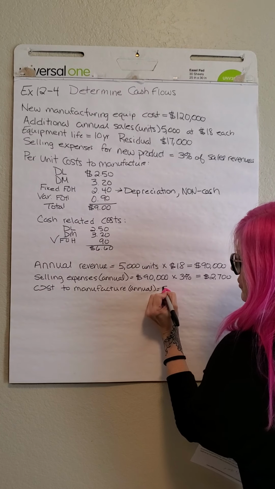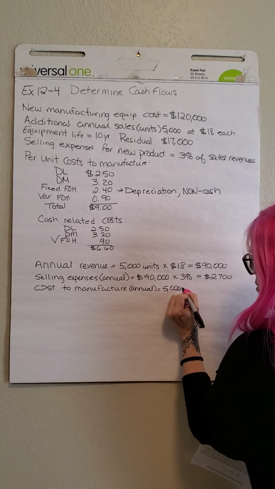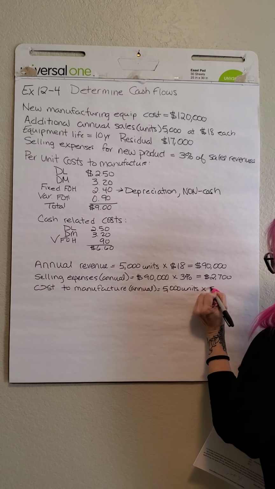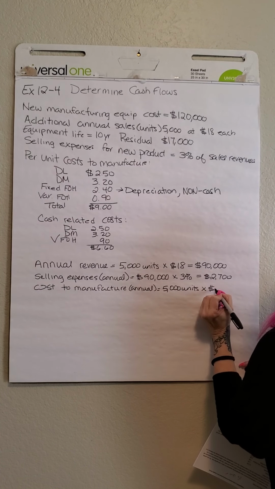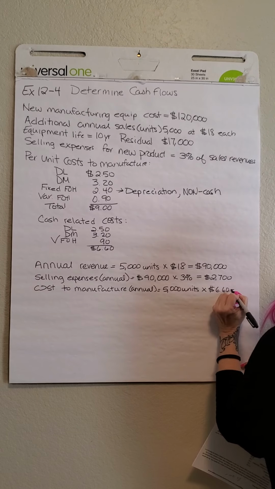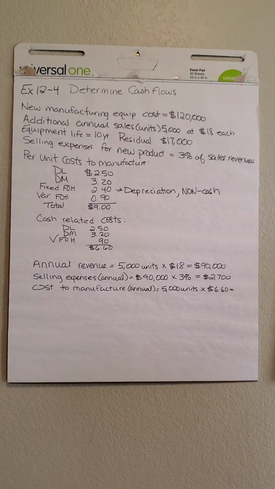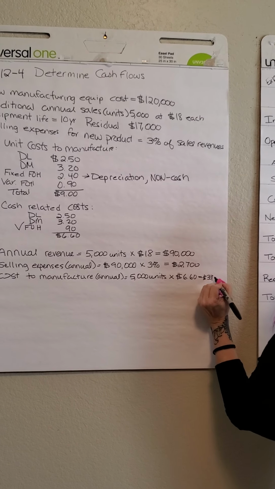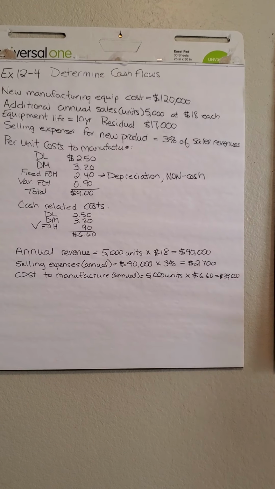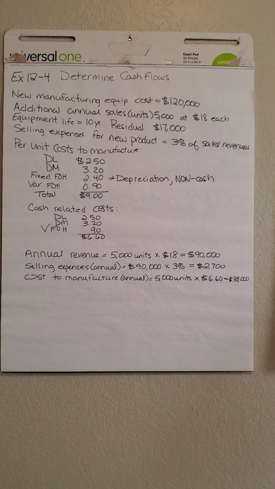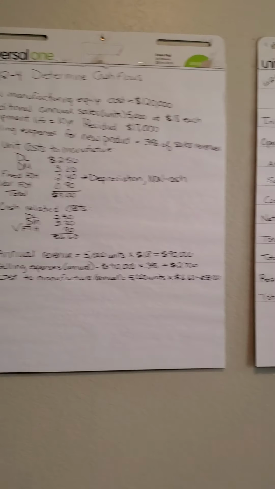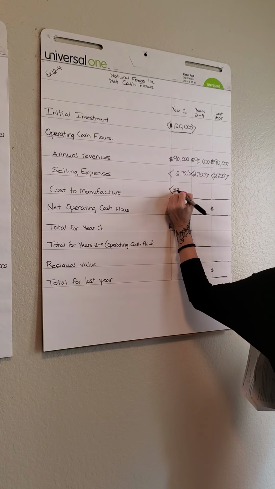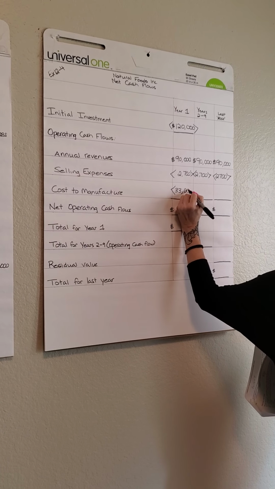We're going to take those 5,000 units times our cash costs to manufacture of $6.60, and that amount is going to equal $33,000 per year. So we'll put these in. For each year, we've got 33,000.